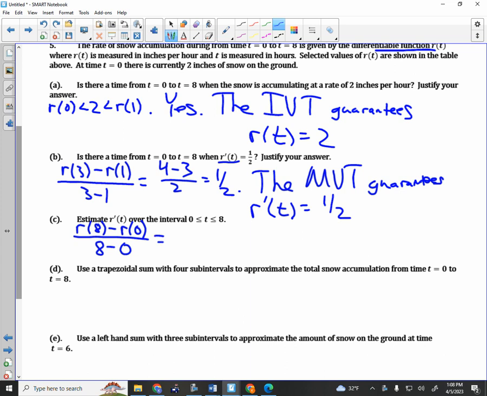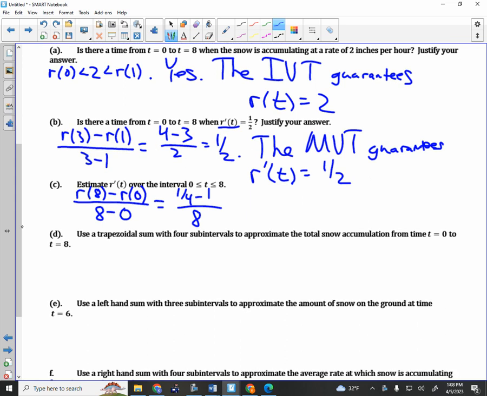What is r of 8? 1/4 minus 1 over 8. What's 1/4 minus 1? Negative 3/4 divided by 8. Negative 3 thirty-seconds. And we're going to put a label on it. It's the derivative of the rate. So we have inches per hour squared.